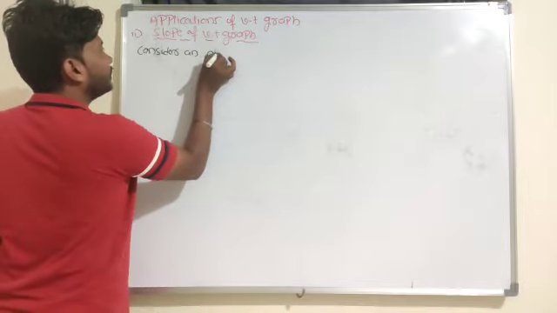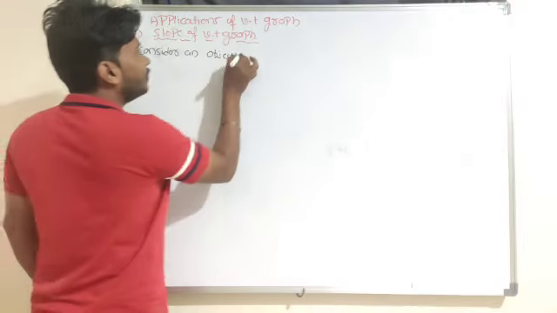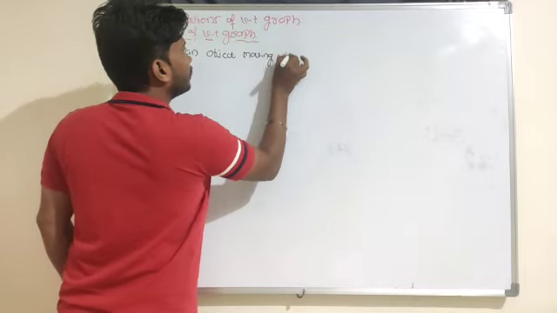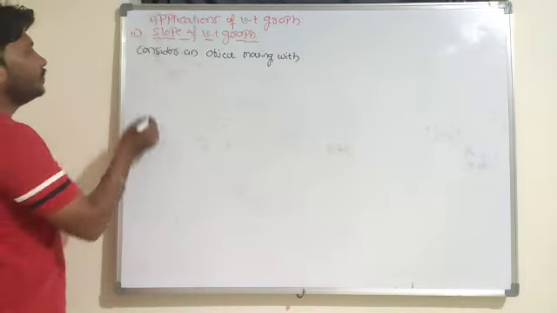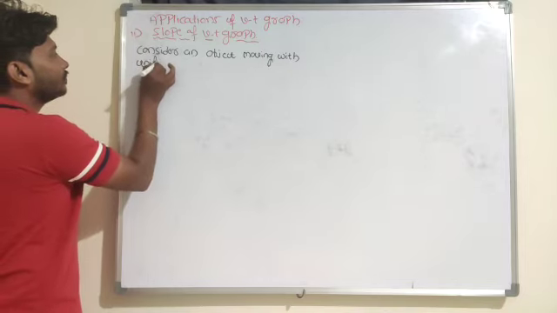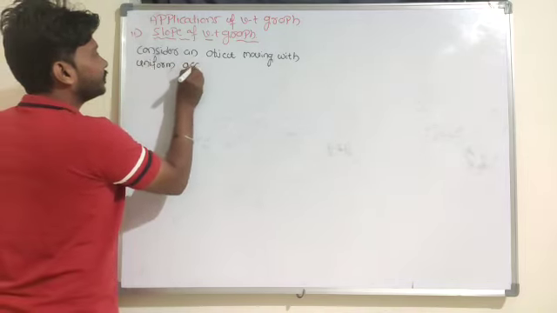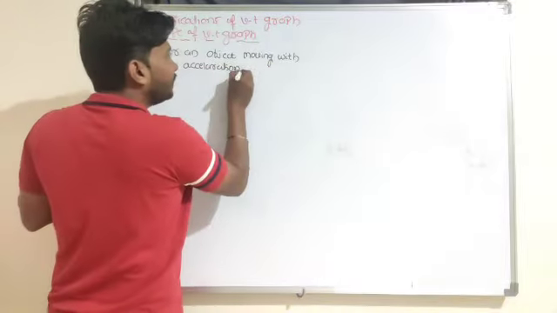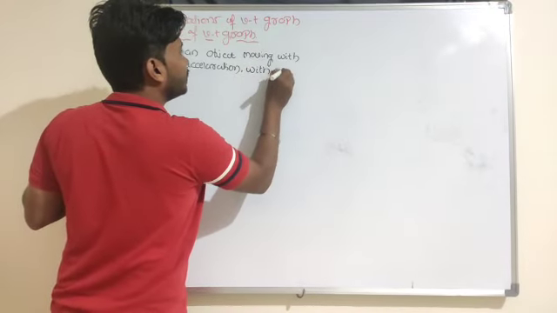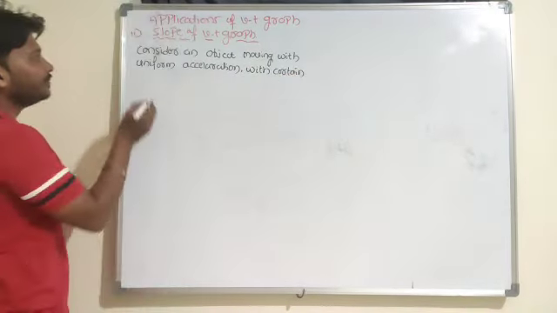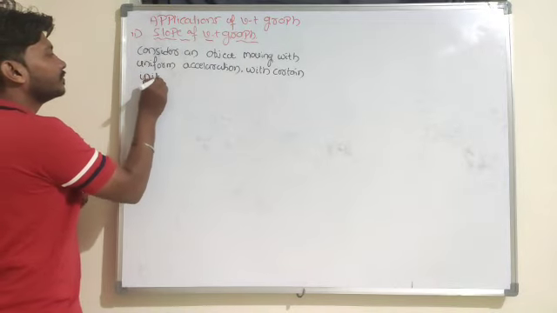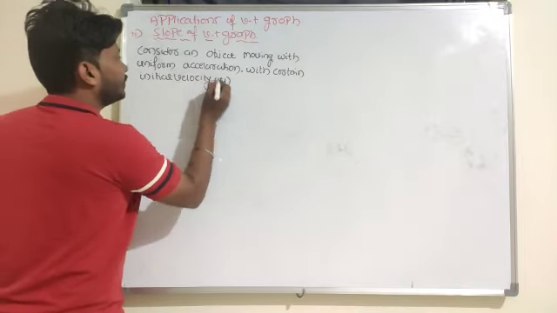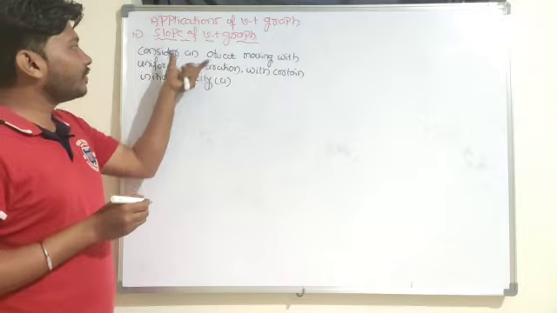Consider an object moving with uniform acceleration with certain initial velocity. So what is the nature of the graph for this statement?